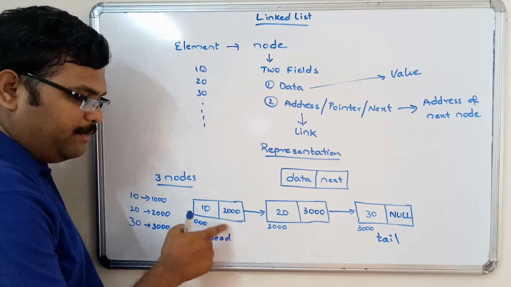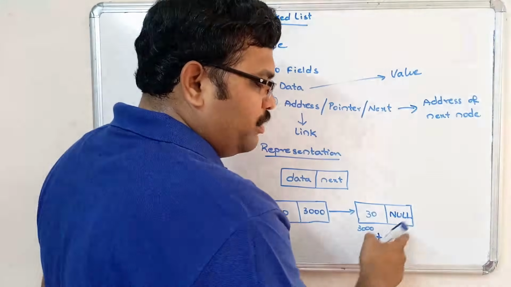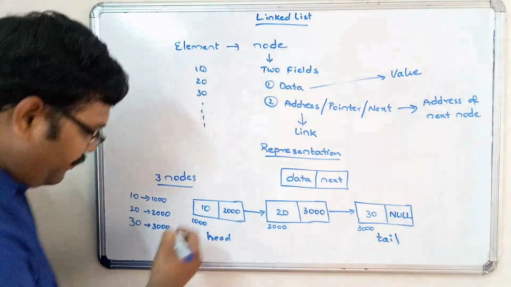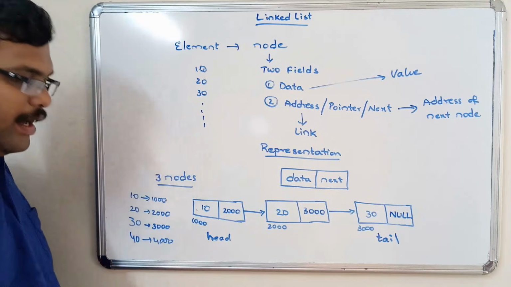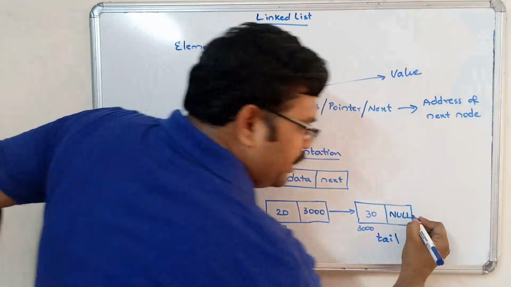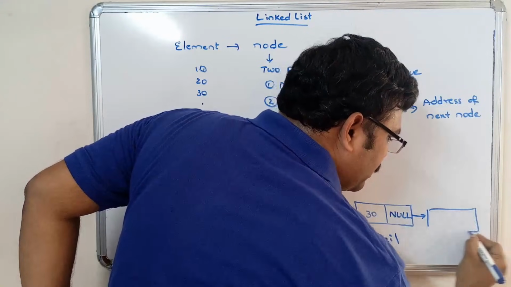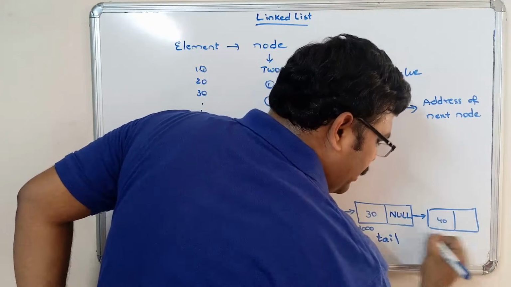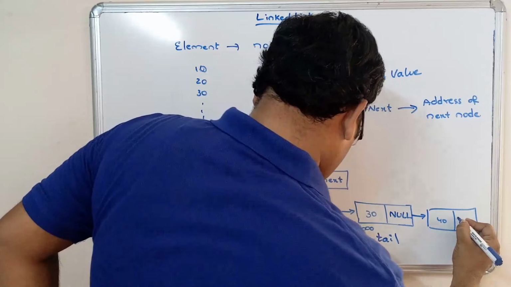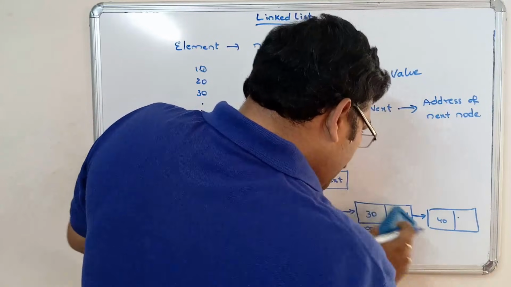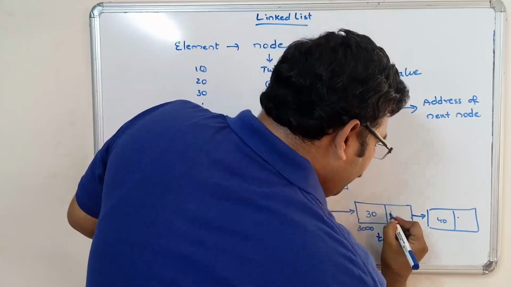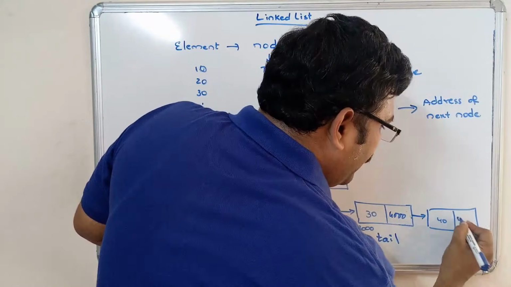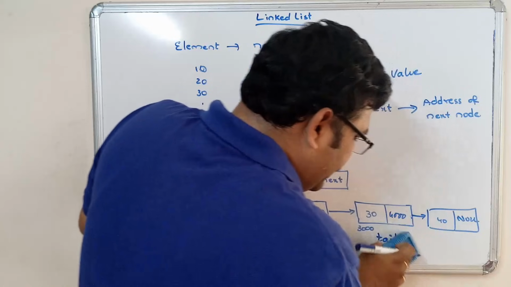The first node's name is head, the last node's name is tail. So if it has a 40th element with address 4000, again we have to use another node, that is 40, and here we have to insert 4000. Here it will be null and the tail will be here.